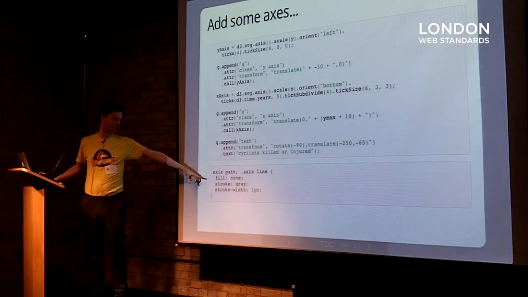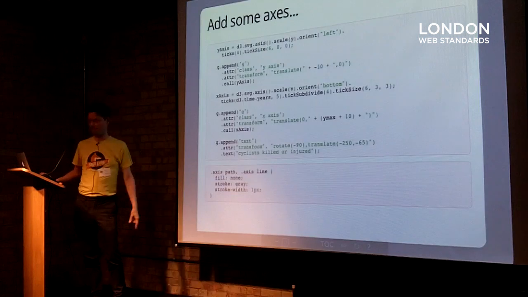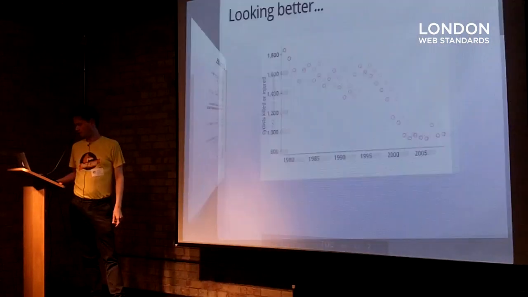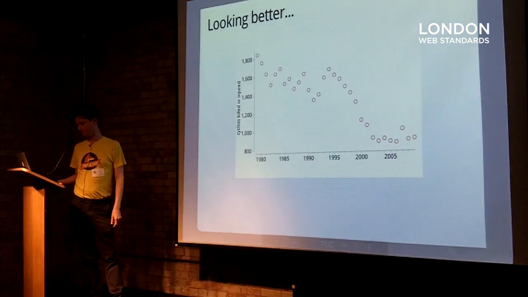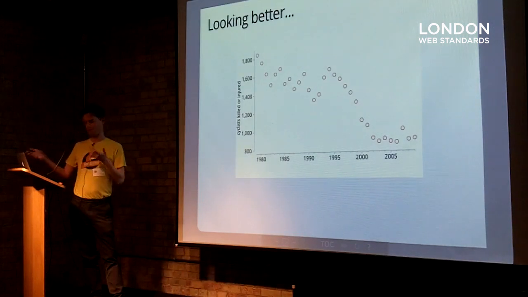Similarly, and then again, just CSS for we want them grey, 1 pixel, and we get axes, which correspond to our data points. So we're kind of getting there.